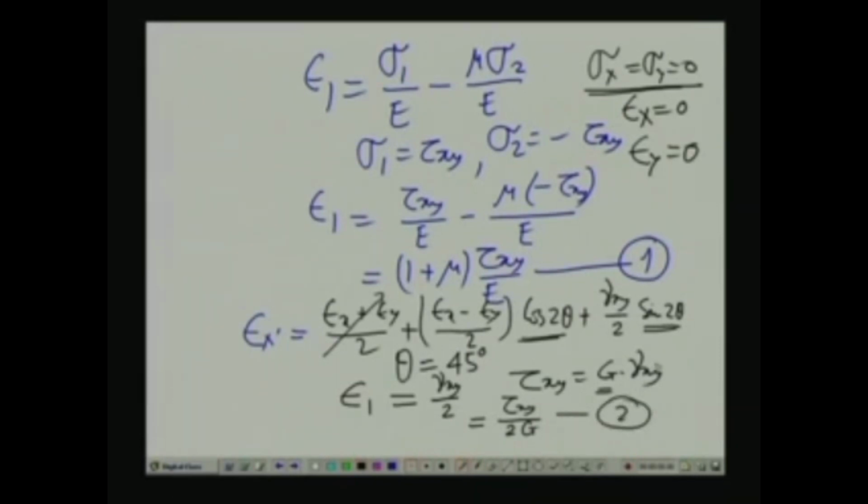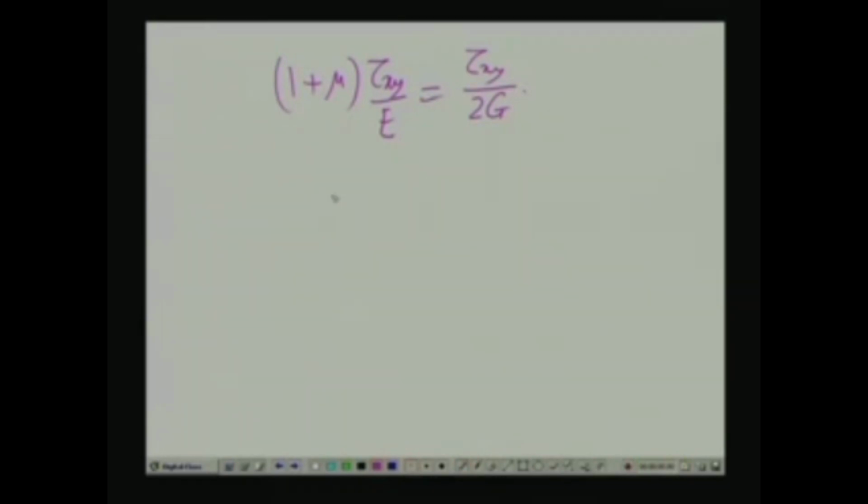The first equation we have is epsilon 1 equal to 1 plus mu tau xy by E, and the second equation is epsilon 1 equal to tau xy by 2 G. Now, if we equate these two, we have 1 plus mu tau xy by E equal to tau xy by twice G.